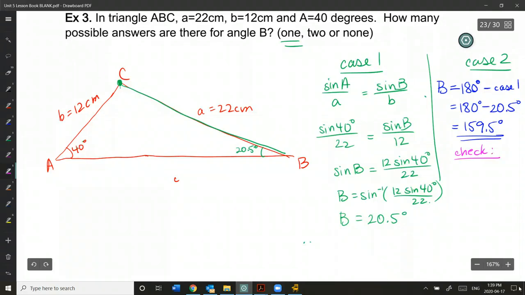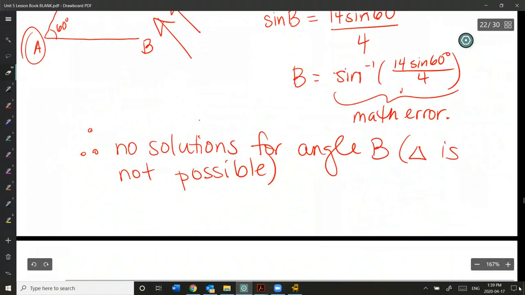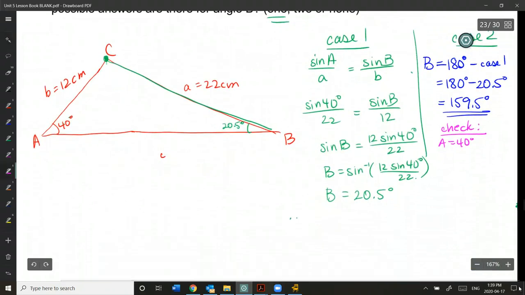And that check says that if angle A is 40 degrees and I get angle B as 159.5 degrees, let me just write that underneath instead. Sorry. And I get B as that 159 that we just calculated.